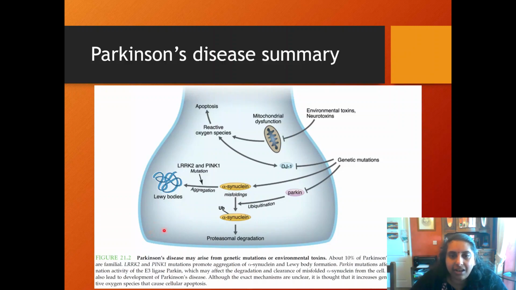So clearly, already from what I've told you in this part of the lecture, you can see that this summary diagram is not very complete, and not necessarily very accurate. My point is that exactly what causes the neurons to die in Alzheimer's disease and Parkinson's disease is really not known. There are a lot of theories, and a lot of very active research going on in these areas.